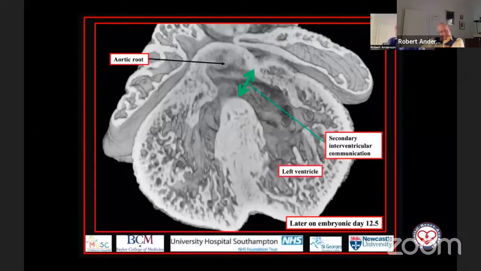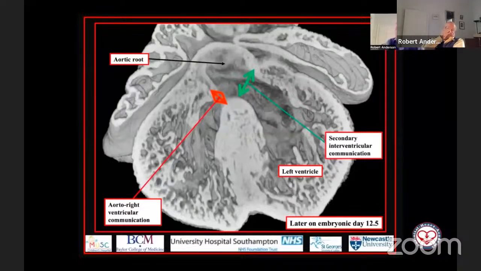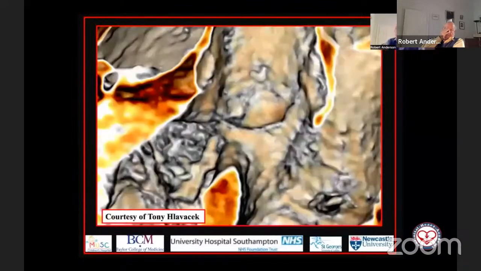The secondary communication is the outlet of the left ventricle. The tertiary foramen is the persisting communication between the right ventricle and the aortic root, and that is the space that has to be closed to complete ventricular septation.